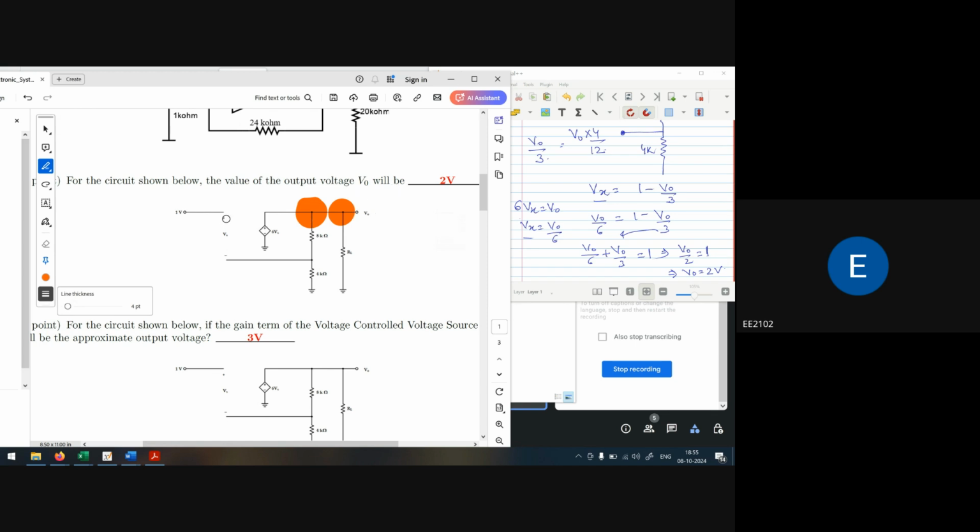So we have to first calculate the value of Vx. And the Vx value is the voltage at this point minus the voltage at this point. The voltage at this point is 1 volt, and the voltage at this point is this one. So we have to calculate the voltage difference between these.